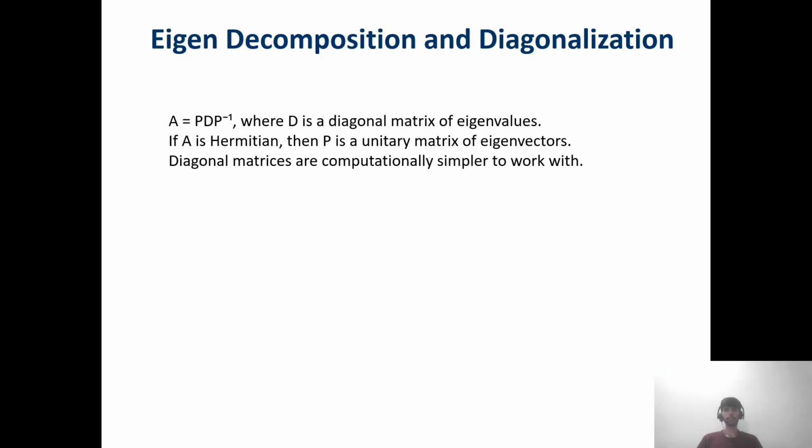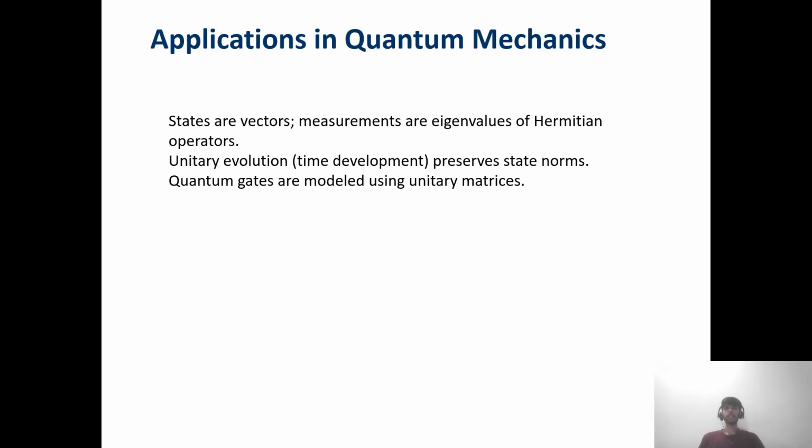If A is Hermitian, P is a unitary matrix. This decomposition is especially useful in solving systems of differential equations, performing optimization, and analyzing stability.